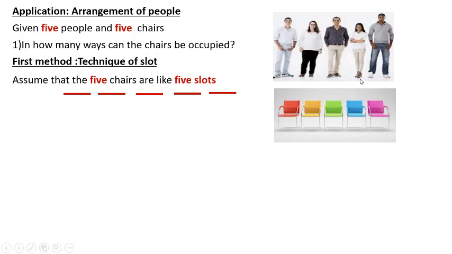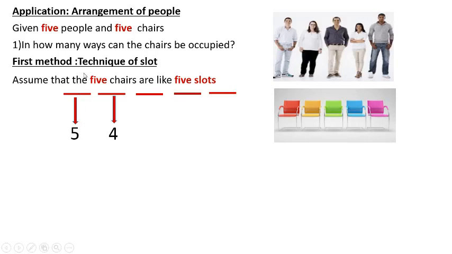First slot can be filled by 5 ways, simply because any one of the 5 people can be seated on the first chair. And since this has happened, there is a remaining of 4 people. This is why the second chair can be filled by 4 ways.